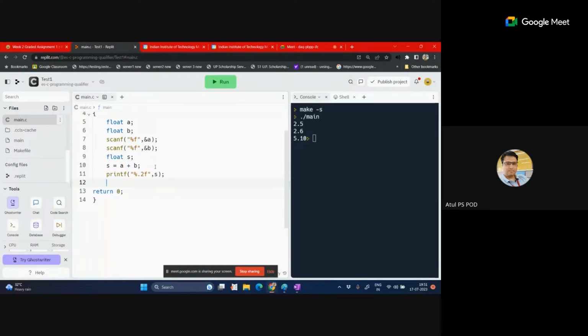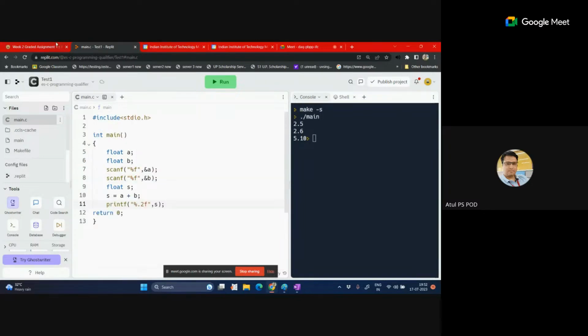After taking the input, how you need to process that input to transform it to the output, that is the main logic part in between. So between the input and output, you need to write the logic. Comments I have already explained, and these are the basic things you need to know.